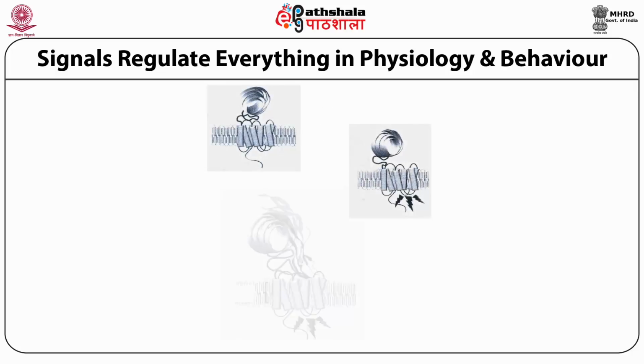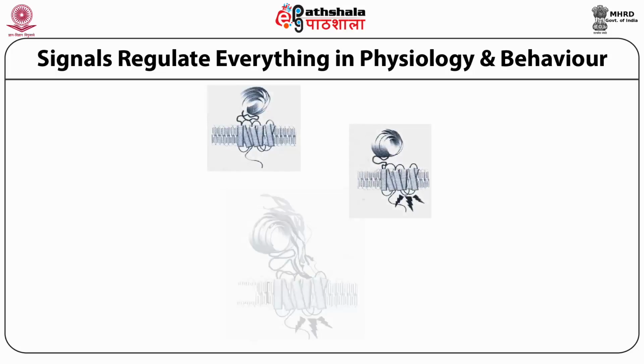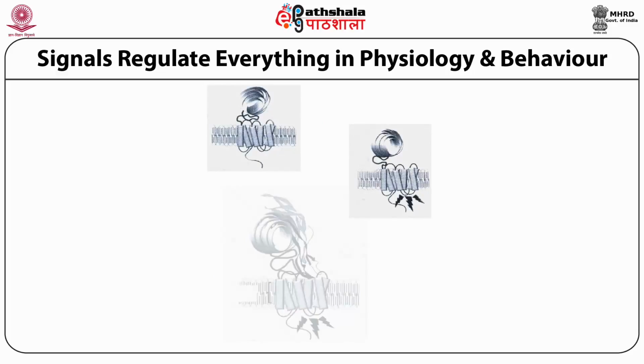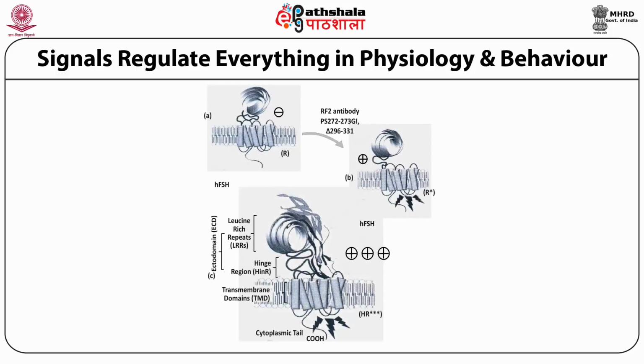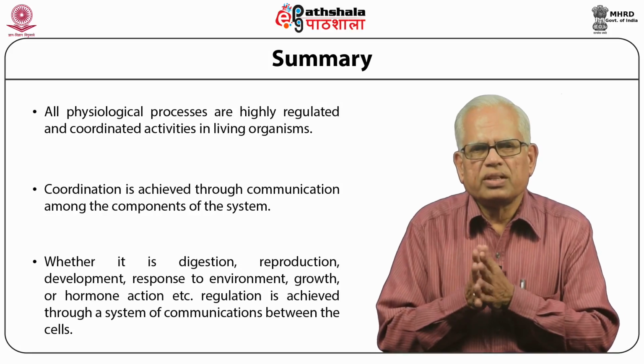The gonad will respond in the form of either gametogenesis or secretion of steroid hormones. And therefore receptor study, receptor structure and function, is very important in understanding how signals recognize and regulate target tissue functions. We have heard the lesson.